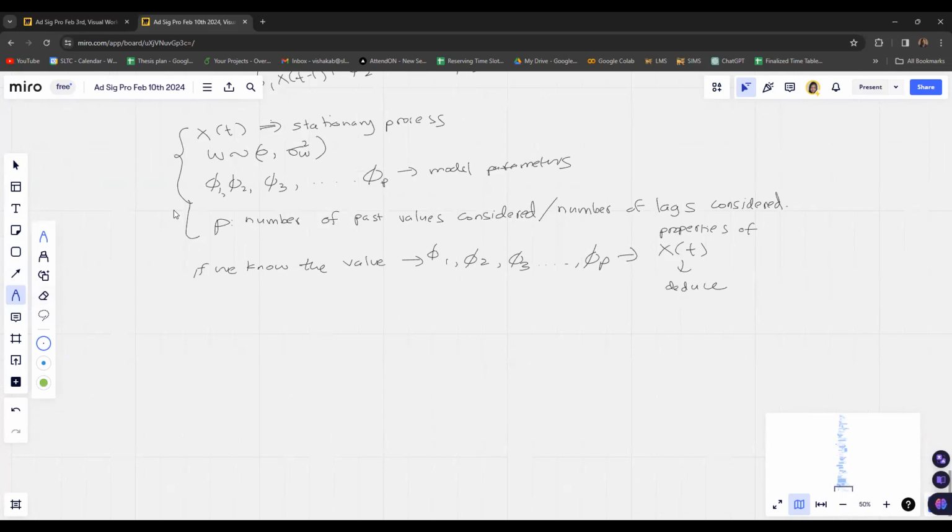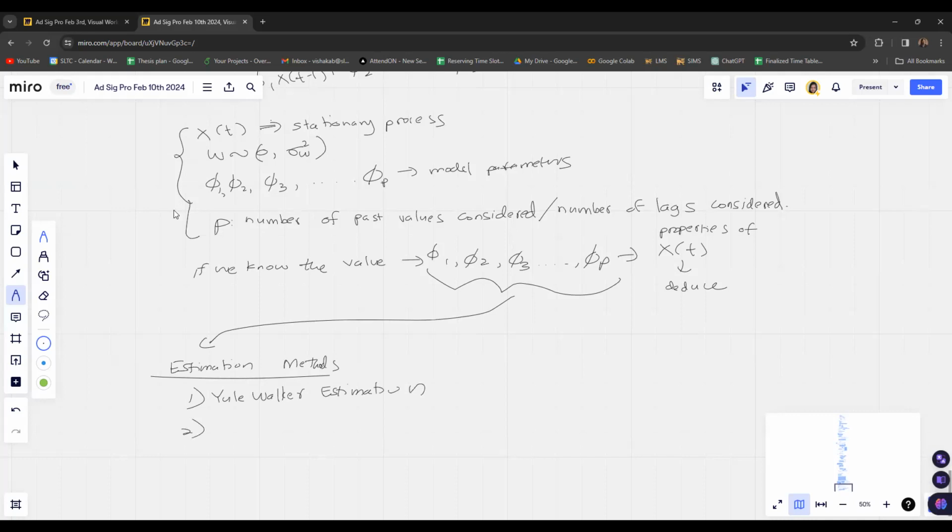Anyway, we can find the values of phi 1, phi 2, phi 3, up to phi p, by estimating them using some estimation methods. One of the estimation methods is the Yule-Walker method. The Yule-Walker estimation method can be used, and the maximum likelihood estimation method can be used.